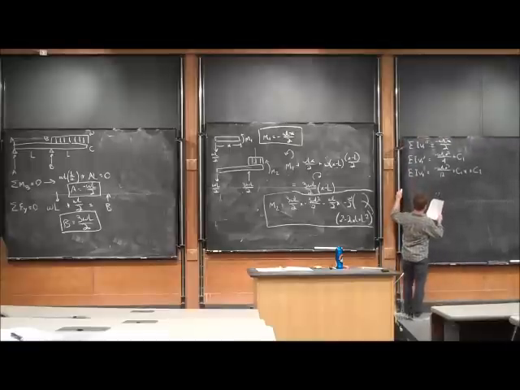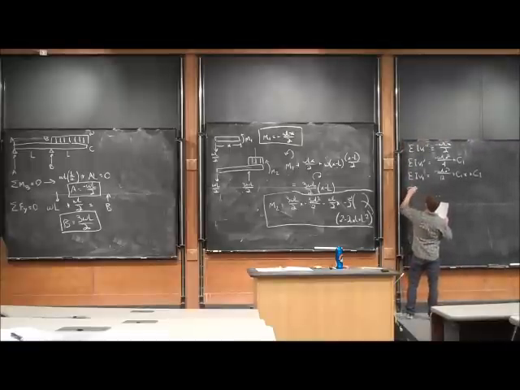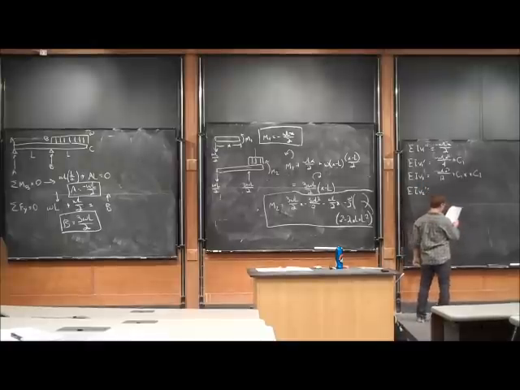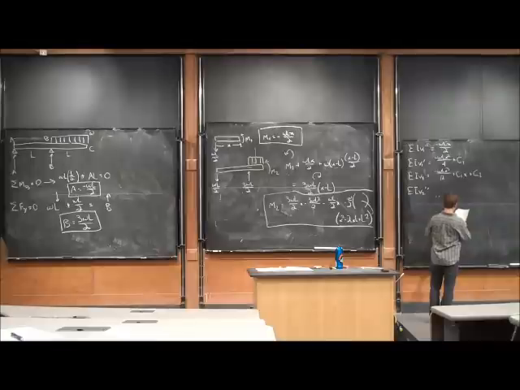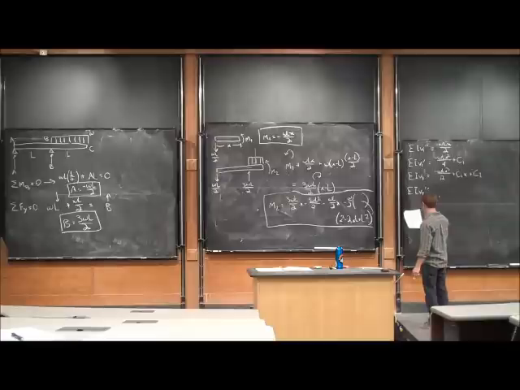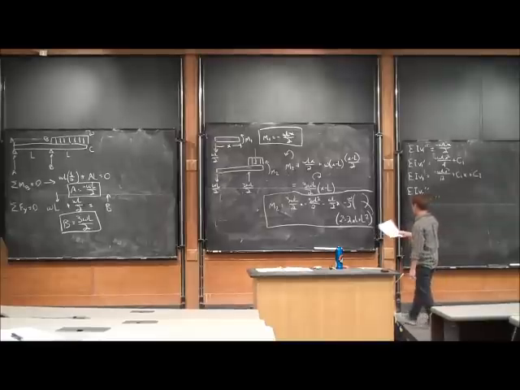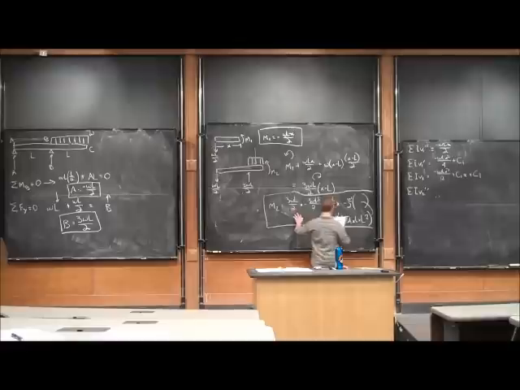I can see that EI V2 double prime is going to be equal to M2, which, if I go through and simplify this, so we need to integrate this equation.